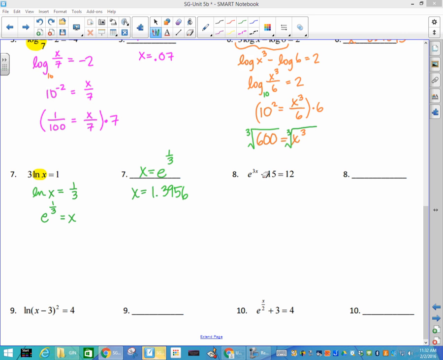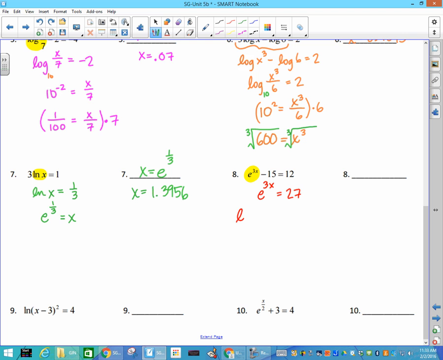Number 8, e to the 3x minus 15 equals 12. So again, any kind of thing, whether we're taking the log or we have an e to the x, before we do any kind of rearranging of taking the log of both sides or using the kickout definition, we got to get that thing by itself. So I'm going to add 15 to both sides, which gives me e to the 3x equals 27.